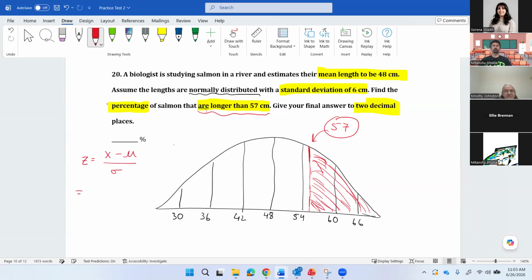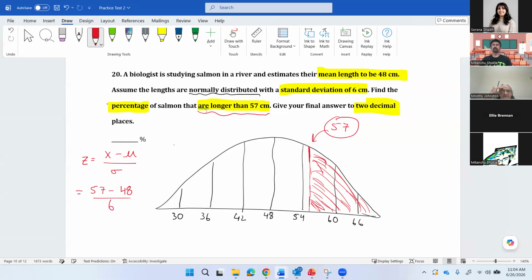What's the value? 57 minus 48, divided by the standard deviation, 6.